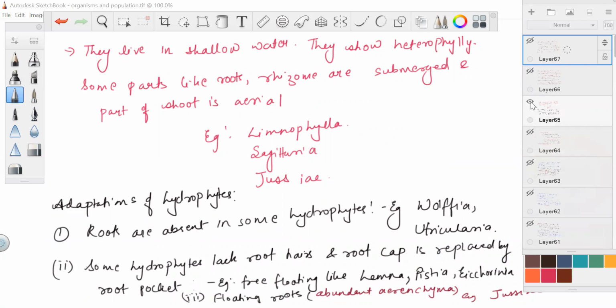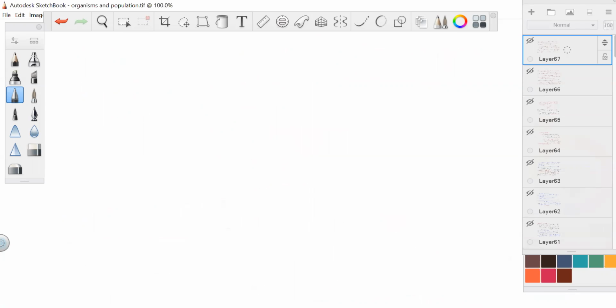You can also say floating, but floating will just confuse, so it is better to use suspended and rooted in submerged, and in floating you use free floating and rooted. And then one is amphibious, that is in shallow water or just above the water. Okay, I'll show you one website where you can see the images of the plants also.